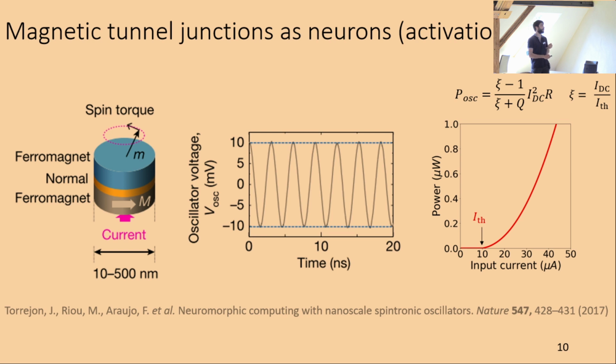This will give you an oscillation of the voltage, and actually the output power of the resulting signal, expressed as a function of the current here, gives you this nice nonlinear function. R is the electric resistance, and I is the threshold current necessary for the oscillator to auto-oscillate.